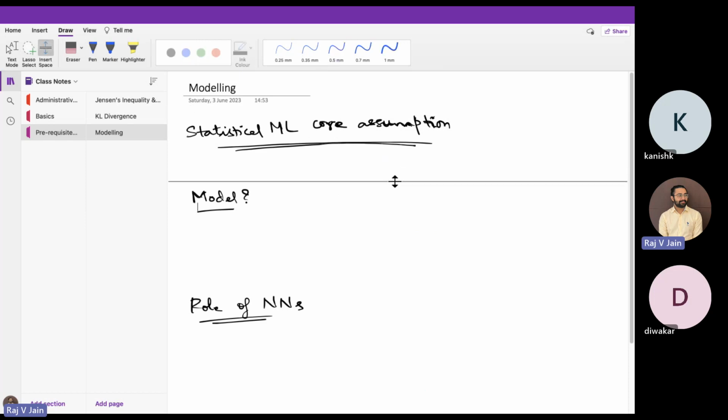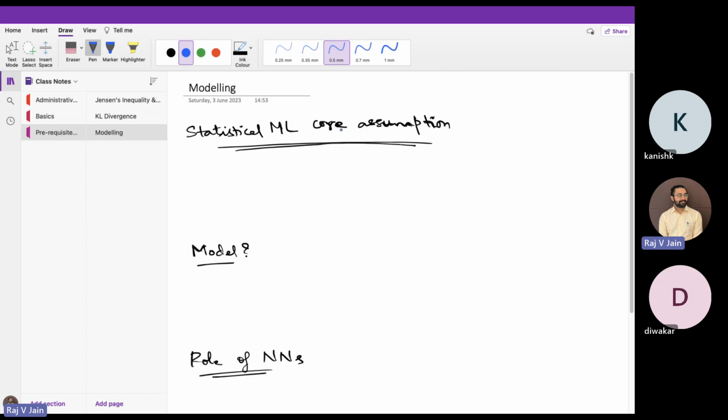Statistical ML has a core assumption underlying it. So any thoughts on what that assumption is? You might have heard this somewhere. What is the core assumption that statistical ML depends on to do all of its work till now?